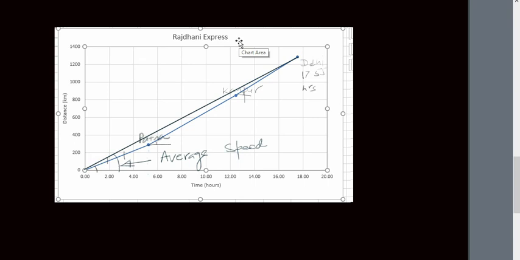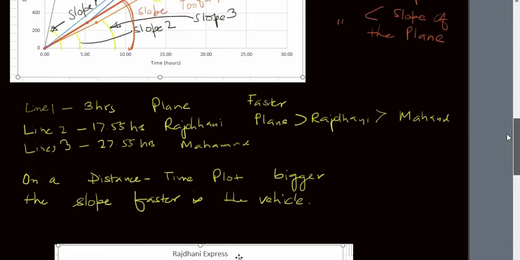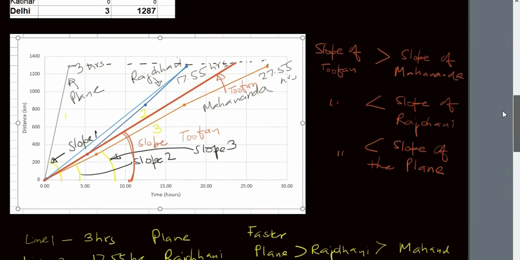So when you look at this diagram, you see that Mahananda moves at different speed between Katihar and Patna, Patna and Kanpur, Kanpur and Delhi.